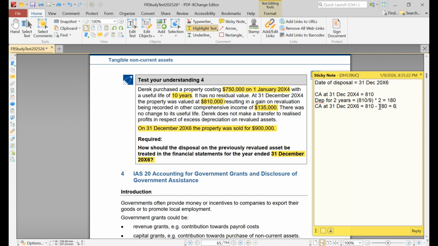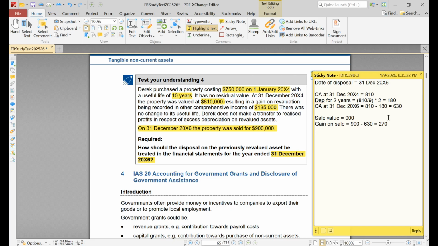This would be 630. Okay. So we know that the carrying amount at 31st December 20x6 is 630, and it is being sold for 900. So the value was 630, it is sold for 900. That means the gain on sale is 900 minus 630, which is 270.